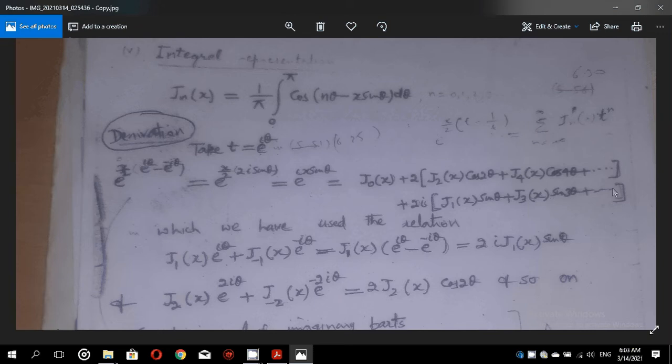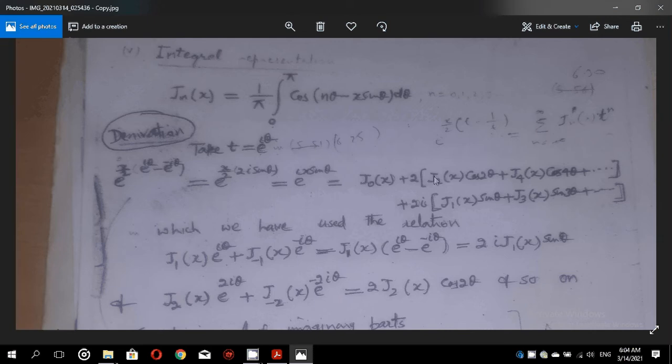So what I have done here is the series from n is equal to minus infinity to plus infinity. I have taken J_0(x), separated J_0(x), and then paired up the odd index Bessel's functions of negative integers with the odd index Bessel functions with the positive integers, to get this term 2i into J_1(x) sine theta plus J_3(x) sine 3 theta.